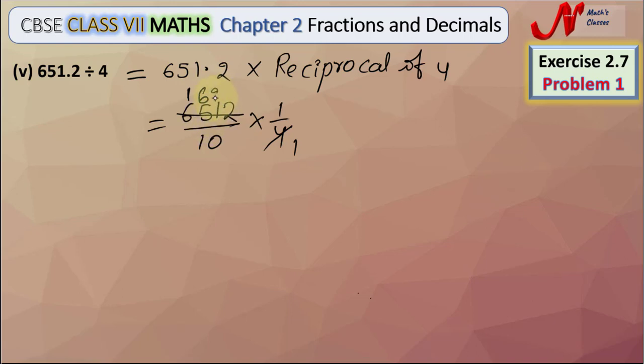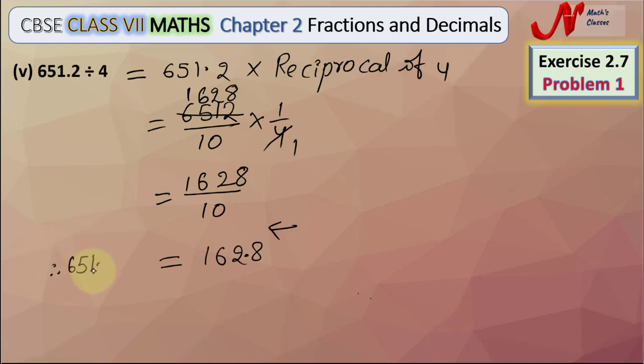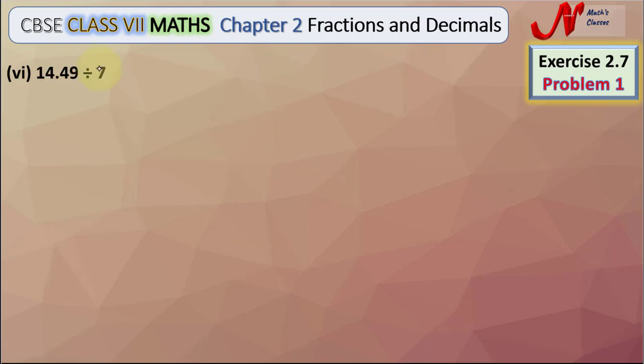So 4 twos are 8, 3 remaining, 4 eights are 32. So we get 1628 divided by 10. In the final result, we keep the decimal point from right to left after one digit. Therefore 651.2 divided by 4 is equal to 162.8. Now we solve the sixth bit.